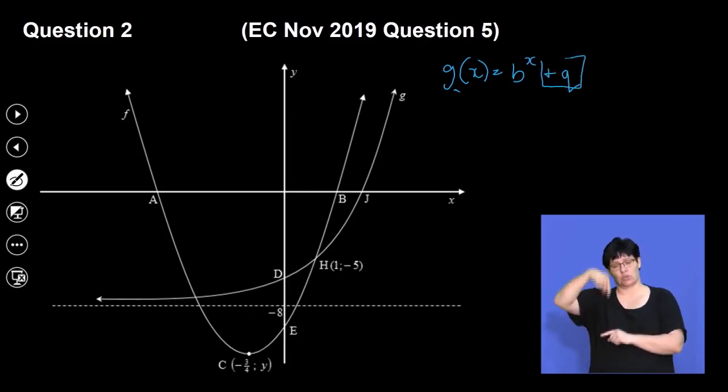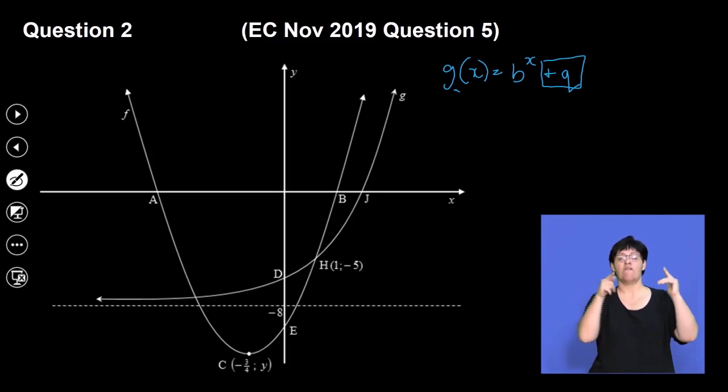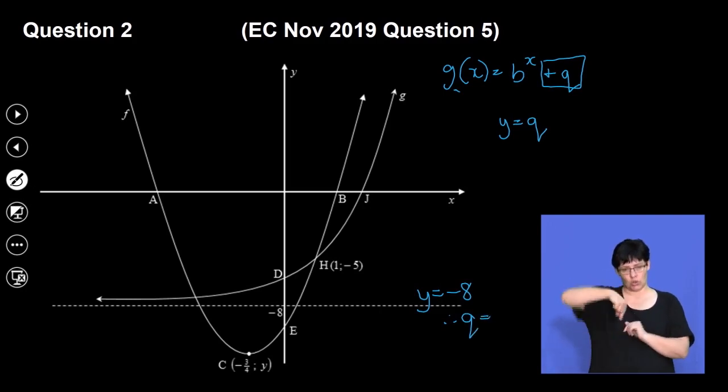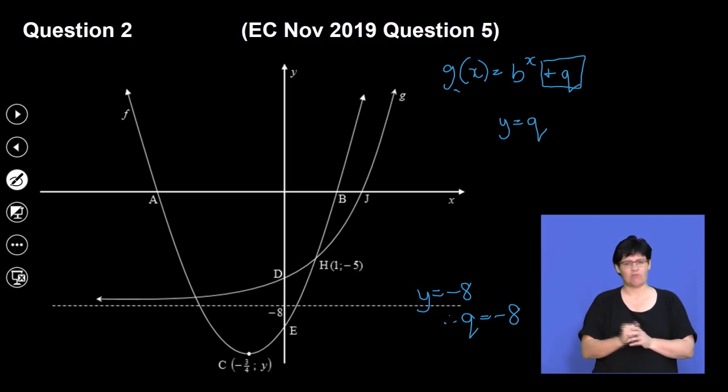So there's q over there, and it tells us about the horizontal asymptote of this exponential equation. y equals q is always the equation of the horizontal asymptote. We can see that the horizontal asymptote has the equation y equals -8. Therefore, q must also be equal to -8. So if you know the horizontal asymptote, you can definitely get the value of q.